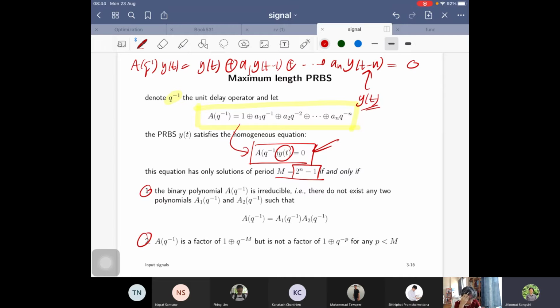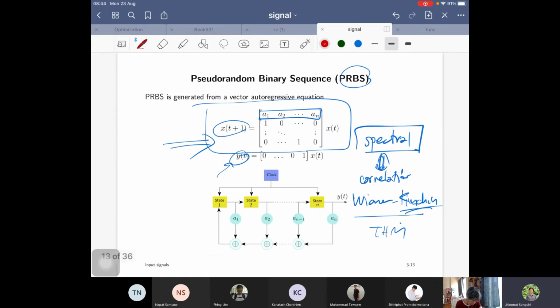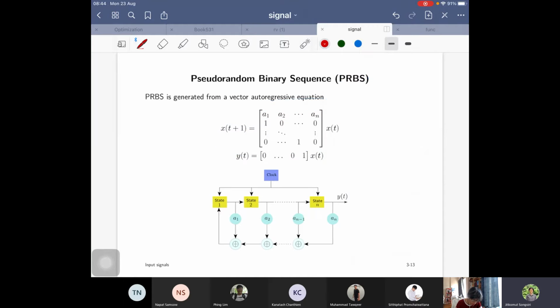So why is this homogeneous equation related to the property of the PRBS sequence? Remember when we look at the first equation of the state response. Let me write it again: a1 x1t, a2 x2t, dot dot dot.